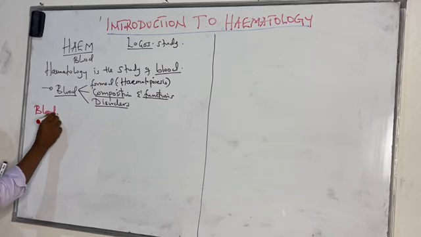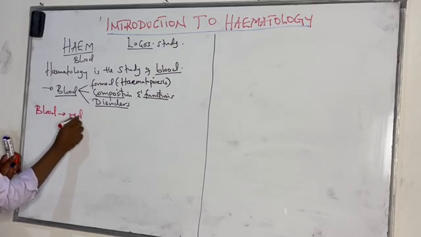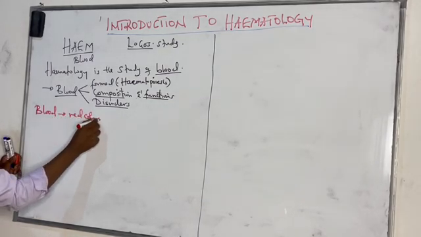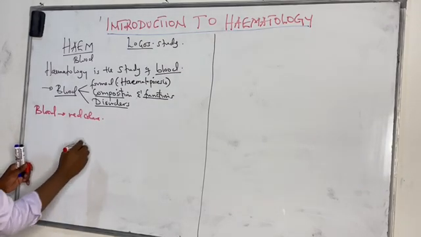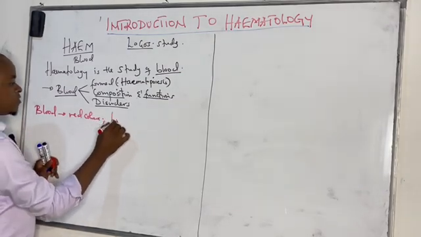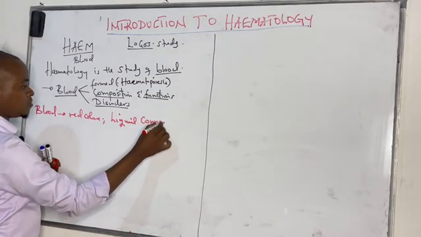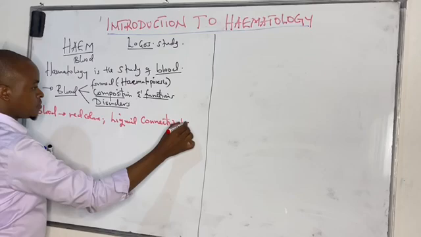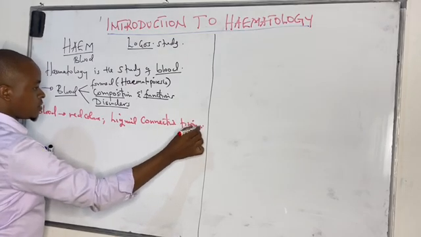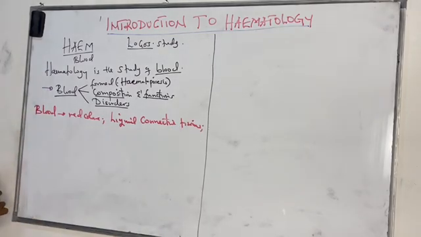And this blood we are talking about is red in color. We normally say it is a liquid connective tissue, red in color.